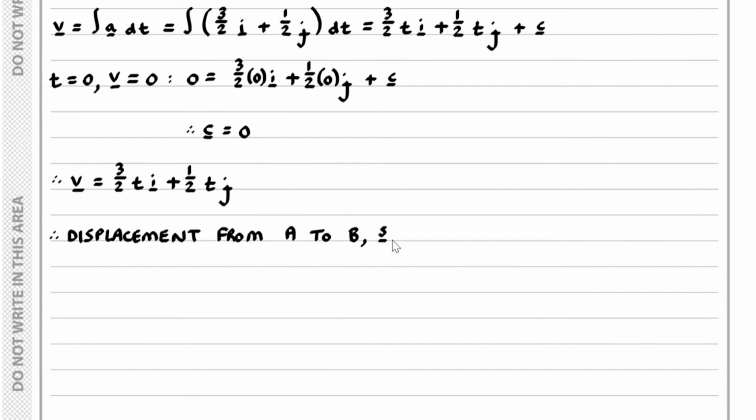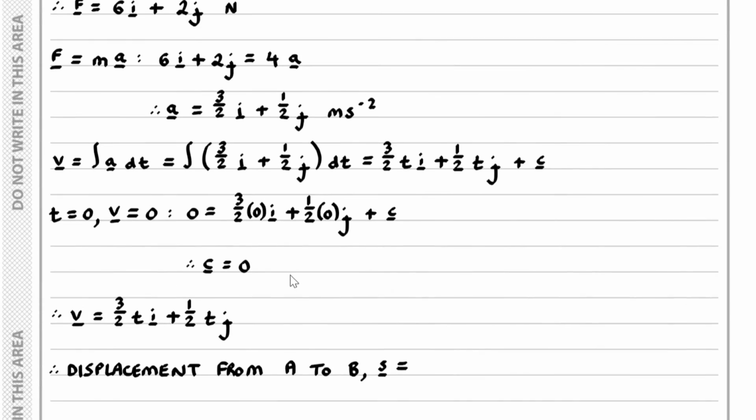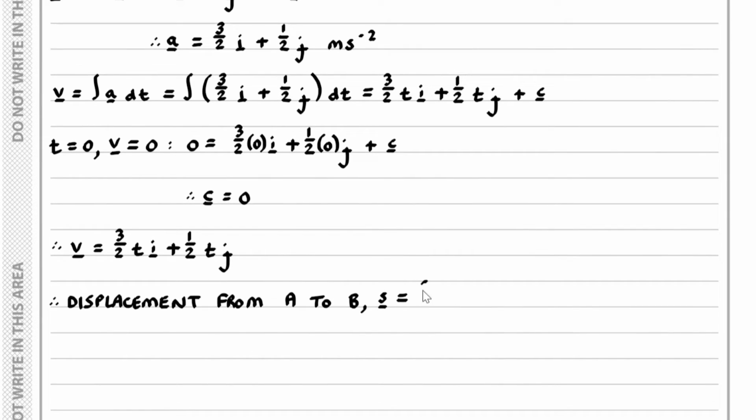So the displacement from A to B, which we'll call S, well, if we go back to the question, we know that when t equals 4, P passes through the point B. We need to find the length of AB, so we can find that by integrating v between 0 and 4.